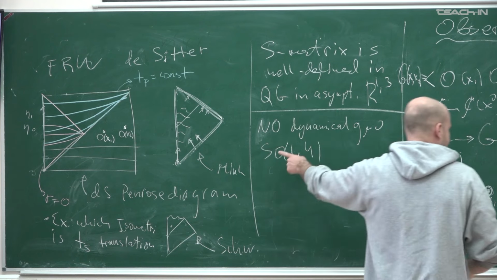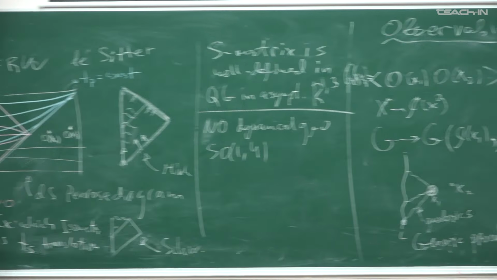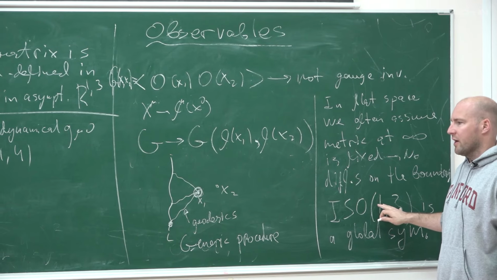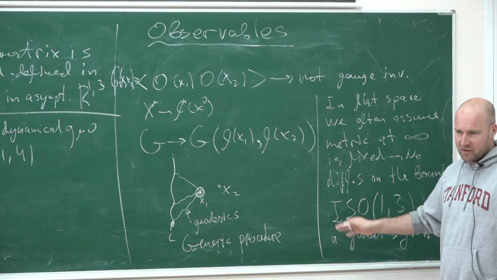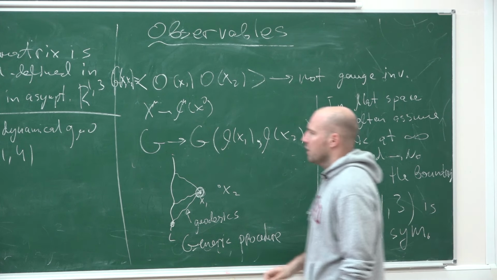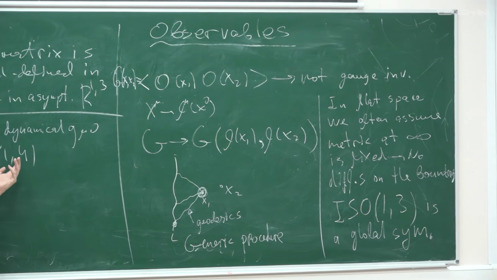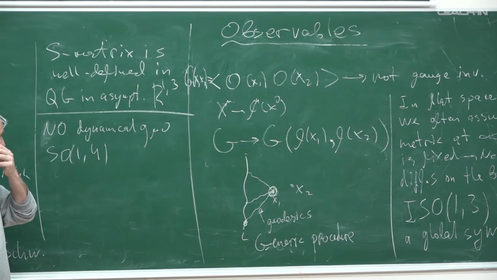By the way, this group is 10-dimensional. There are 6 Lorentz generators, 3 rotations and 3 boosts, and 4 translations. So this is 10-dimensional, and this is also 10-dimensional, because it's the same as the SO(5) dimensionality. Good.